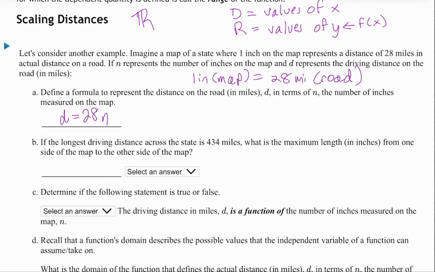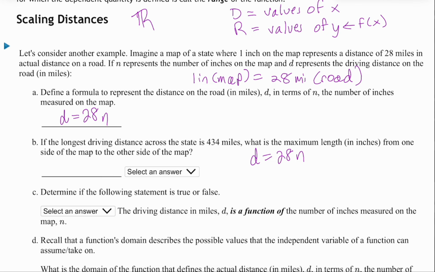Now it says, if the longest driving distance across the state is 434 miles, what is the maximum length in inches from one side of the map to the other? Well, we can use that formula we have created. We know that 28 is our proportion, our proportionality, our scale.